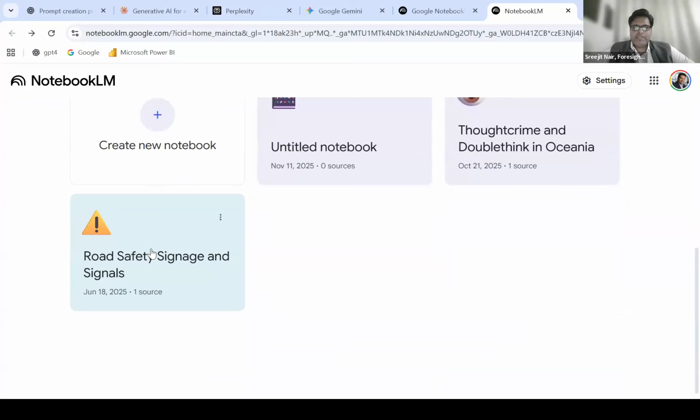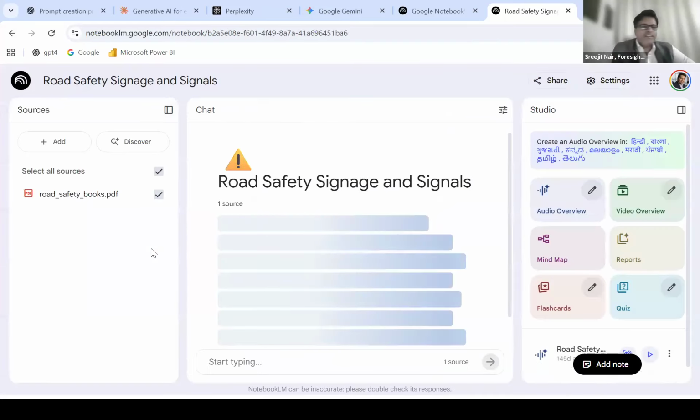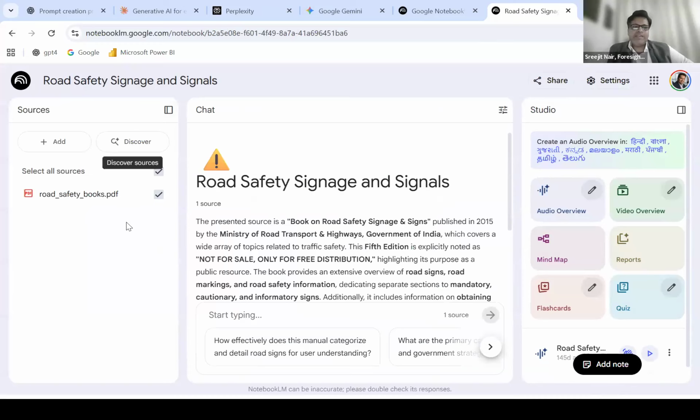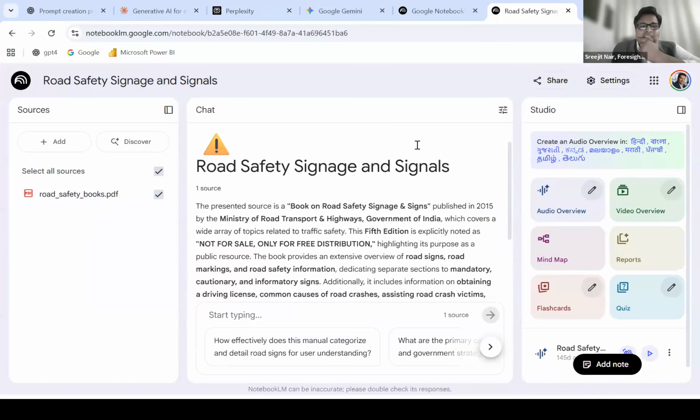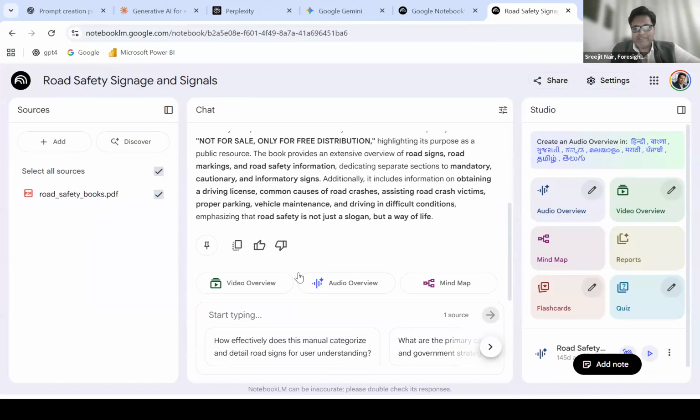Say what I did here. I'm working on a road safety program. So I had just downloaded the Ministry of Road Transport and Highways Road Safety Protocol book. Now through Notebook LM, I can use it and chat with this.